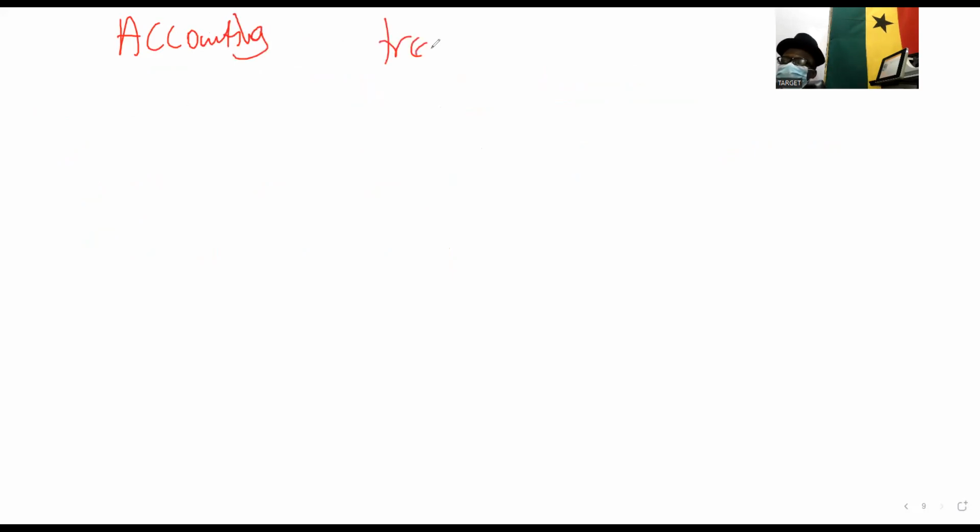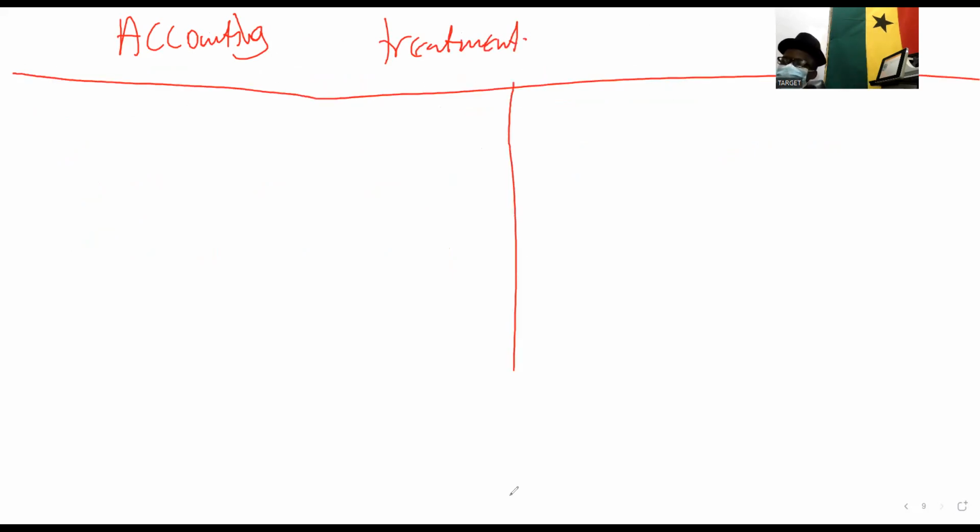The grant should be accounted for as and when you fulfill the condition. Please take notice: as and when you fulfill the condition, that is when you can record the grant, the only situation in which you can record a grant in your books.